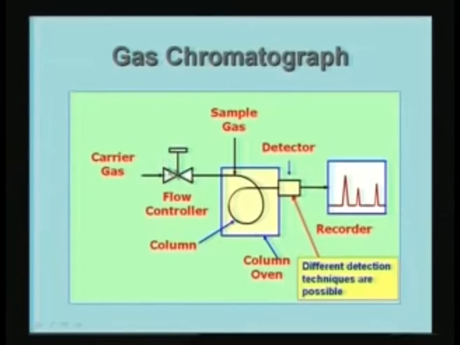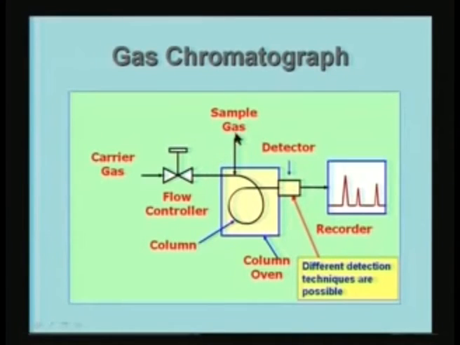The sample gas is going to be mixed with a carrier gas. The carrier gas flow is controlled by using a flow controller and a valve, and there is a source of carrier gas which is usually a cylinder containing high pressure carrier gas, and of course there should be a regulator, so that I can send it in at the required pressure, and it goes through the flow controller, and the amount of flow is controlled by that.